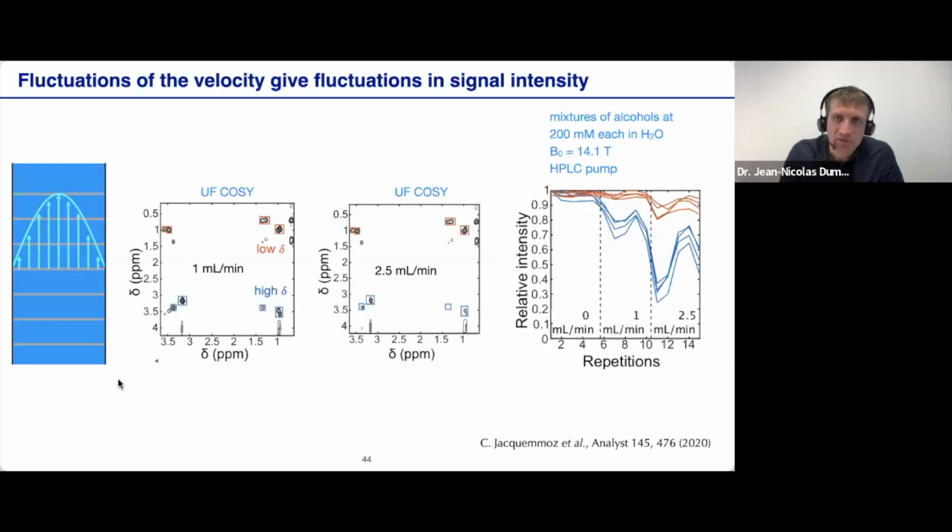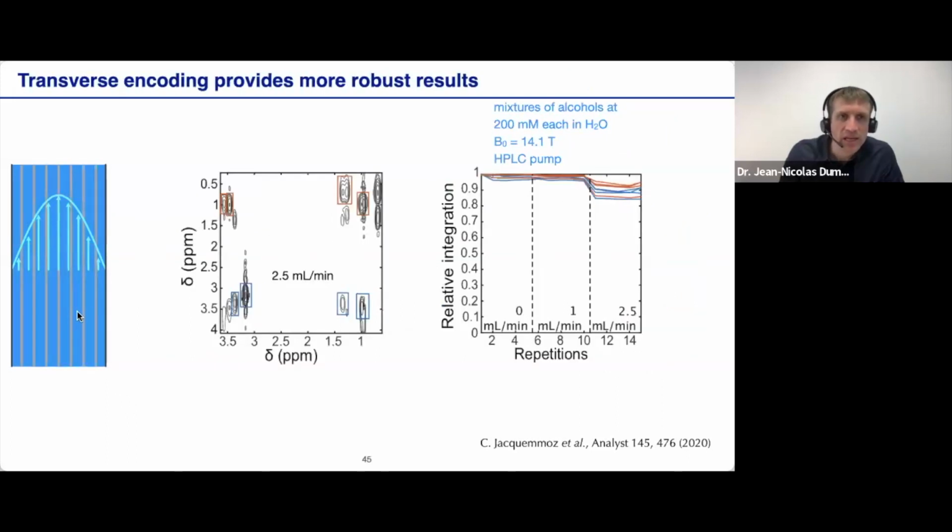But in this case, we found that simply moving the encoding axis to a transverse axis, be it x or y or any combination of them, actually does resolve this interference problem, so that we now have peak volumes as a function of time that are much more stable, and we also have much less of the attenuation effect that we saw before.